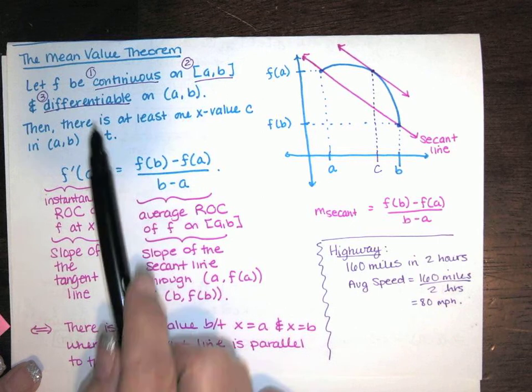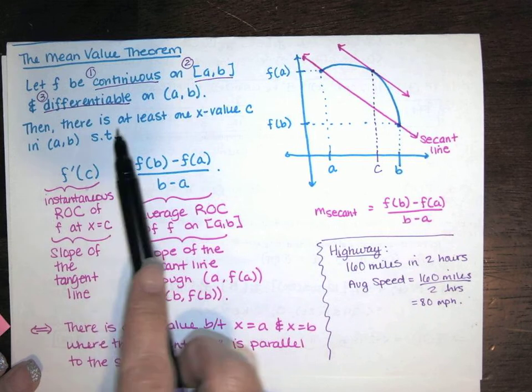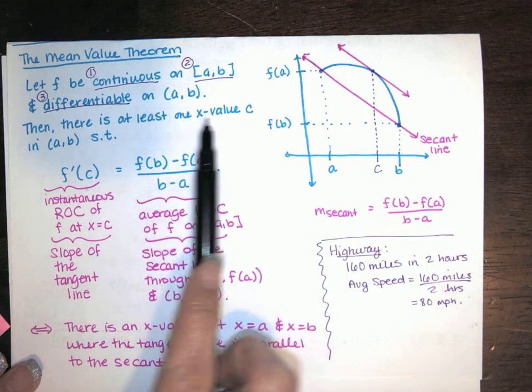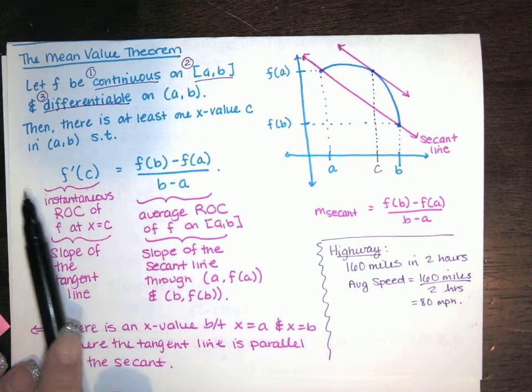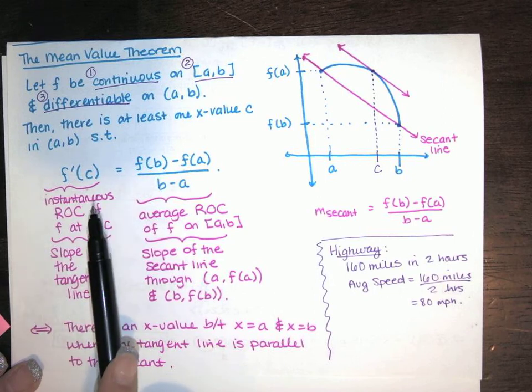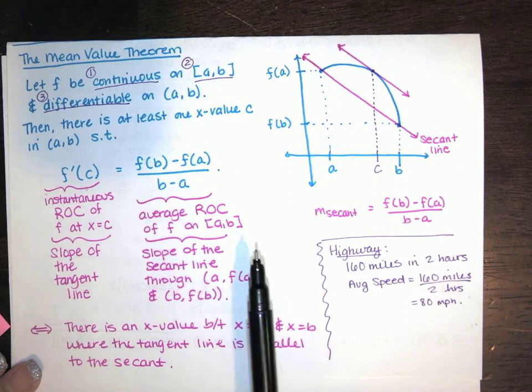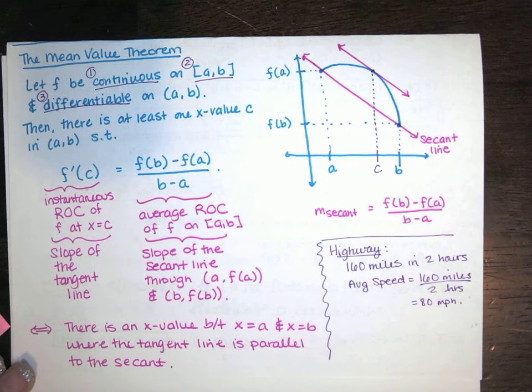So if it's continuous and differentiable, so you don't have any sharp changes in speed, there's at least one x value on the interval from A to B where your instantaneous rate of change, so that is your instantaneous speed, is equal to your average rate of change. So this would actually be a really smart way for police officers to catch speeders.